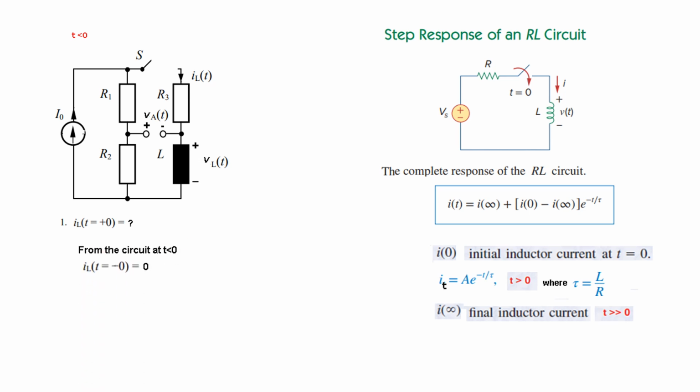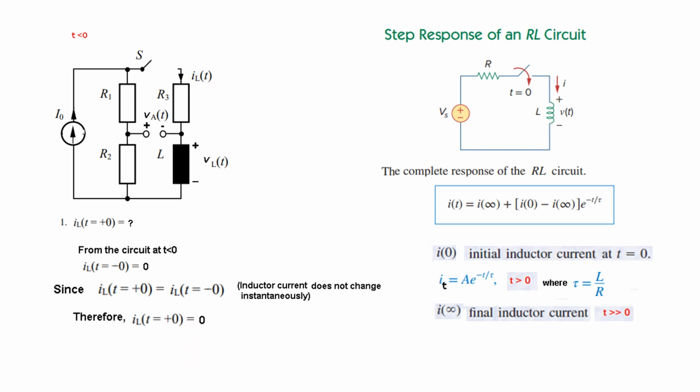In this circuit, at t less than 0 the switch is open, so no current is flowing through the inductor. Therefore iL(0 minus) is equal to 0, and since the inductor current does not change instantaneously, iL(0 plus) will also be 0. So this is the answer of the first question.